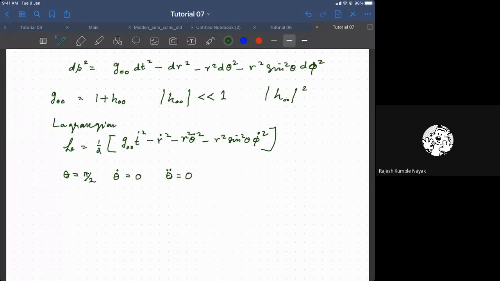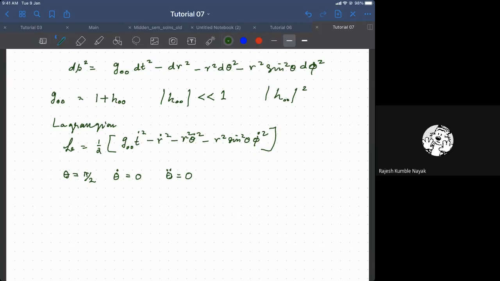Another way is to say that if G00 is a function of R only, then you will have the spherical symmetry, and the equatorial plane is good enough to describe the full system. All you have to do is later rotate it. So we are not losing anything by taking this approximation, and then we can get the equation of motion.